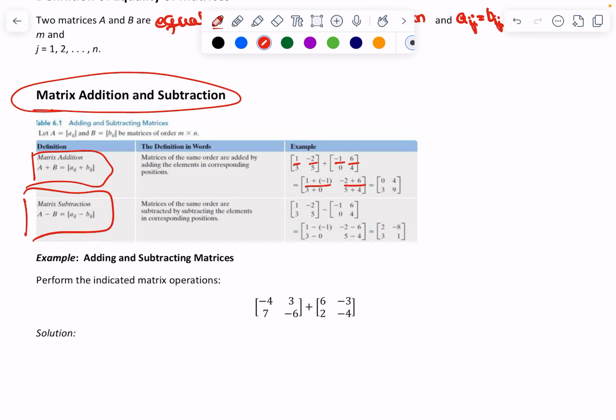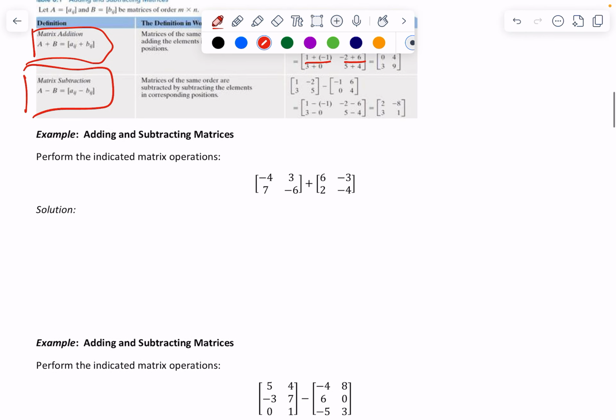Okay, let's look at adding matrices here. Again, we need the corresponding elements when we are adding. So negative 4 plus 6, that is first row, first column, is 2.